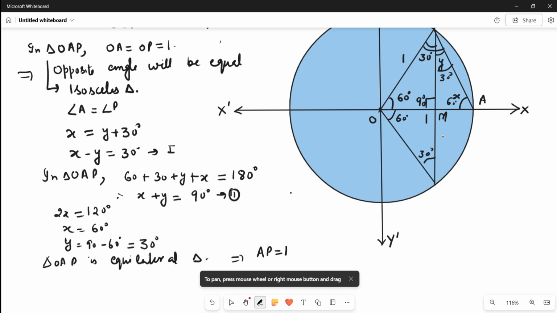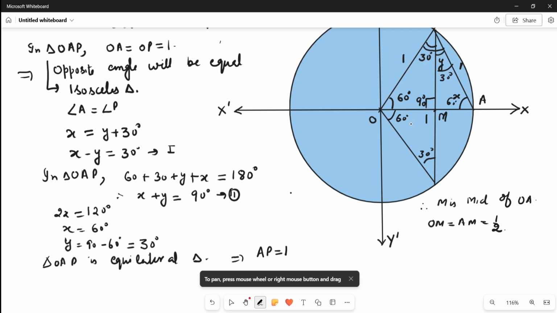And in this triangle we can see here this length is 1 and this length is 1, so M is the midpoint of OA. It means OM is equal to AM is equal to half.